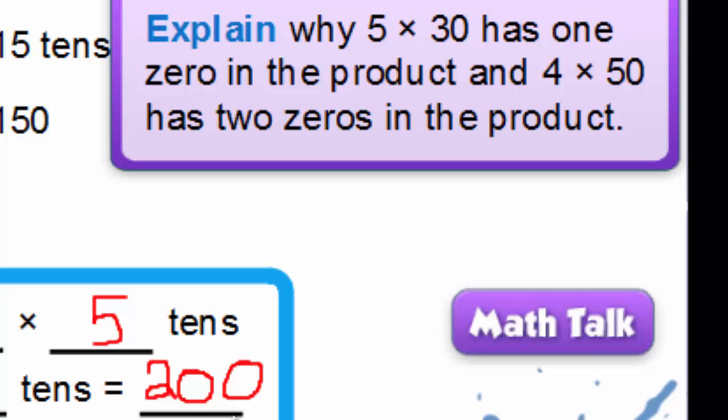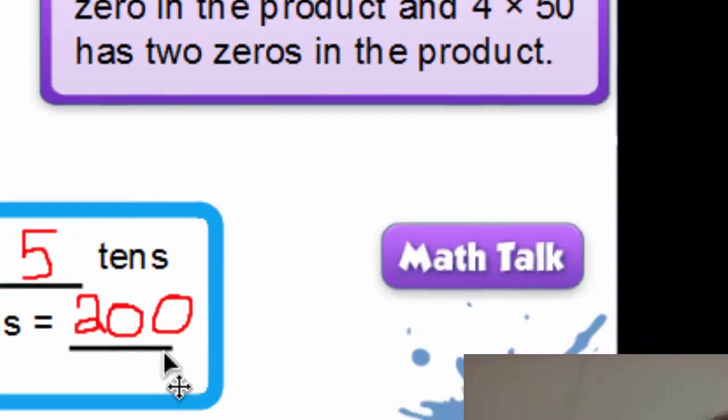We're going to talk about this more when you come back to school tomorrow, but can you tell me right now, why do you think 5 times 30 has 1 zero, and why 4 times 50 has 2 zeros? Go. Let me hear your best.